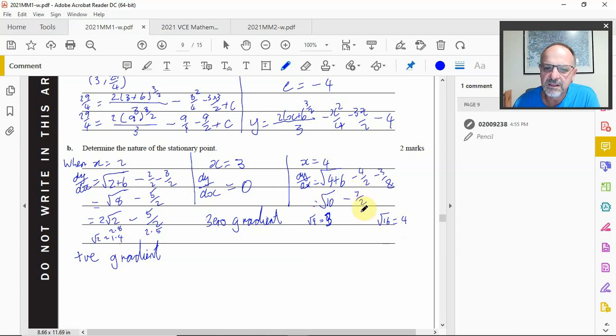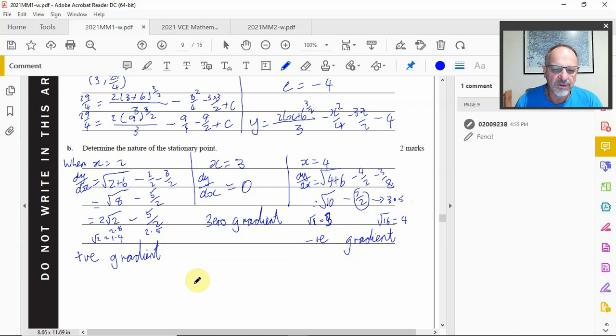Now, 7 over 2 is 3.5. So I'm thinking we've got a number close to 3 and we're taking away 3.5. So from that, we've got a negative gradient.